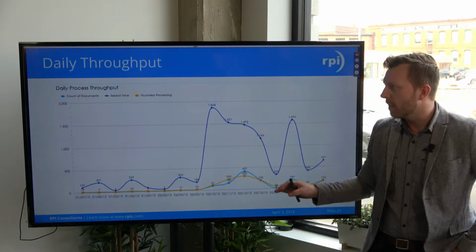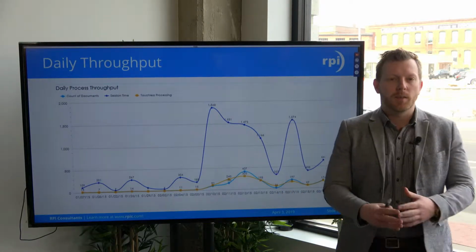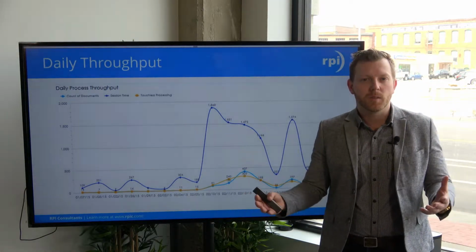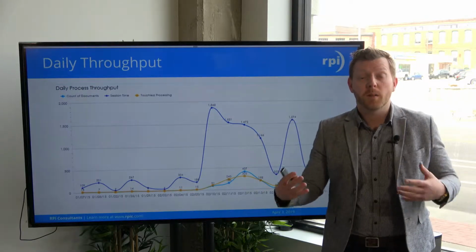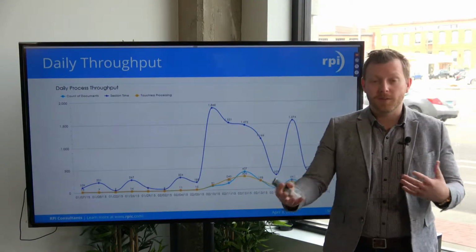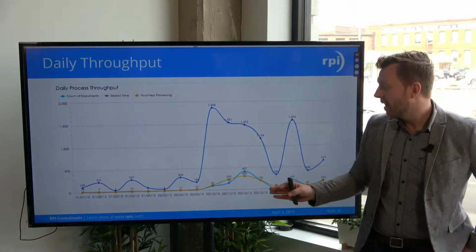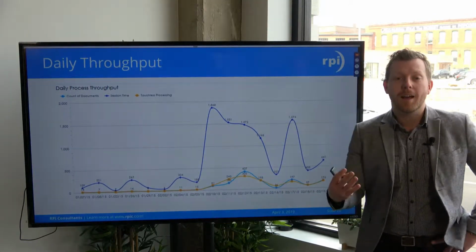The one thing I really like about this is if you have a full AP automation solution with some kind of OCR technology like Brainware or KTA or ReadSoft Online, you can track how many of those invoices you didn't have to touch.